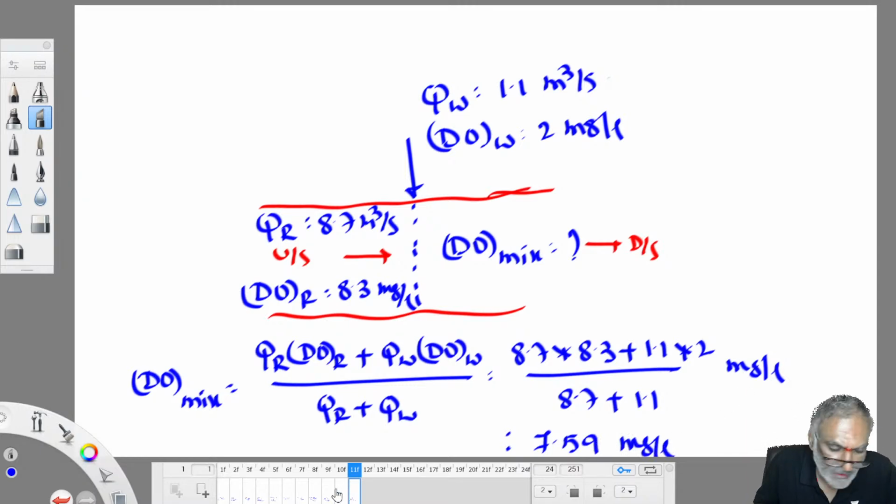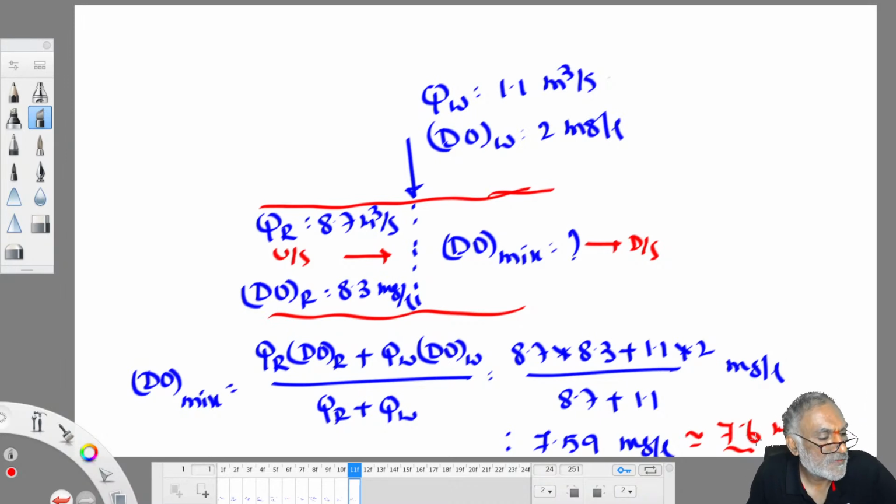One of the options given here is 7.6, so it is rounded to 7.6. Options given are 5.3, 6.5, 7.6, 8.4. So the answer is 7.6. Okay? So that is how we can work out using the mix formula.